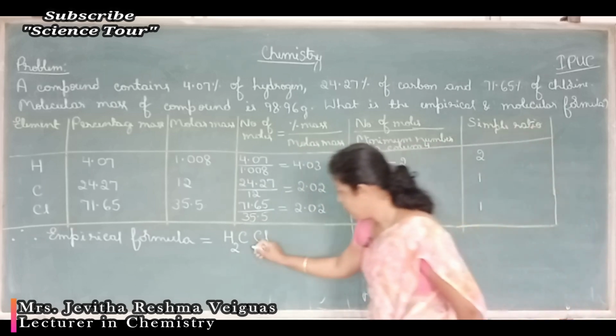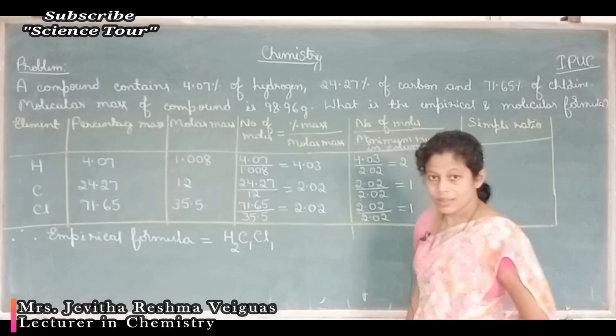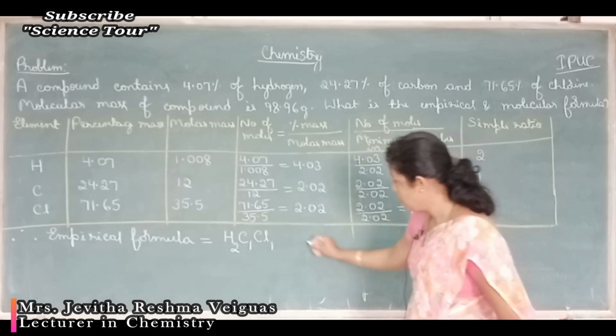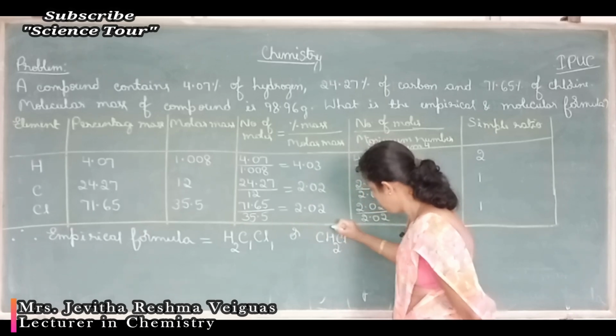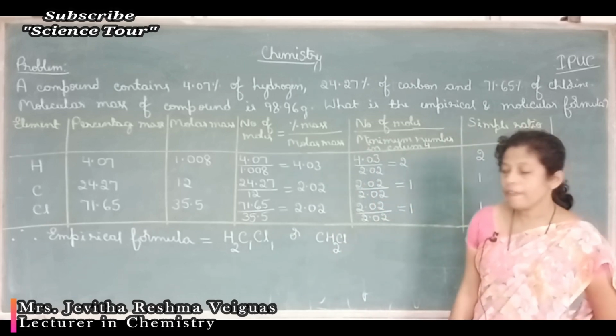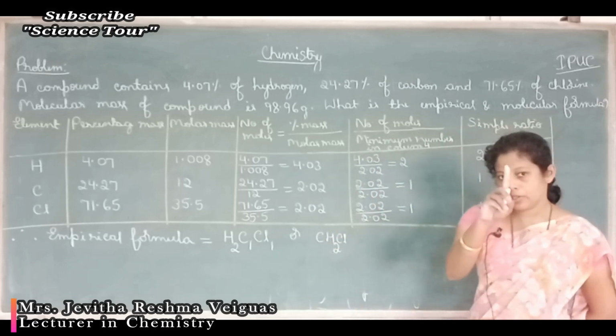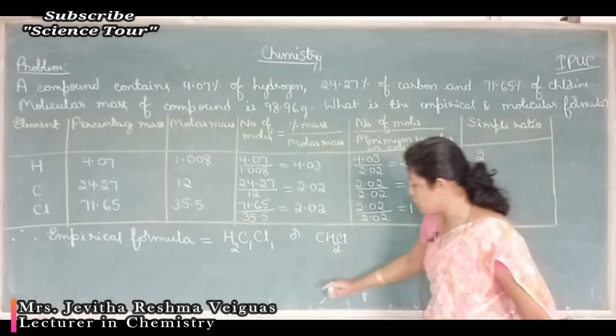Carbon is 1. If you want, you can write it. Chlorine is also 1. This is the empirical formula. The same I can write this way: CH2Cl. If you do not write any number, it is understood that the number of atoms of that particular element is 1. So the empirical formula is CH2Cl.